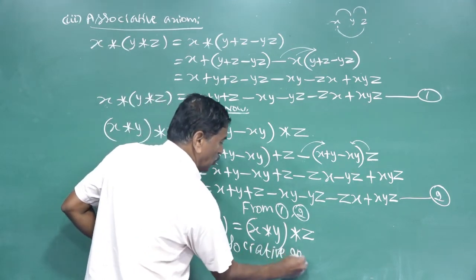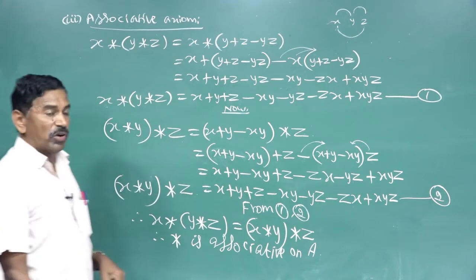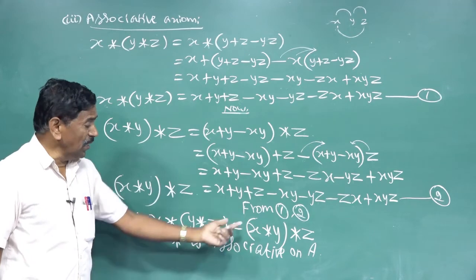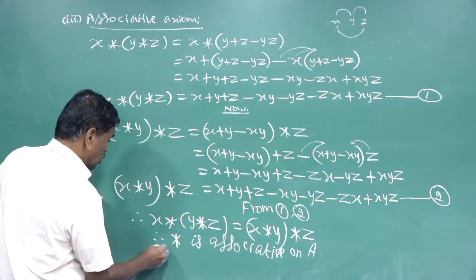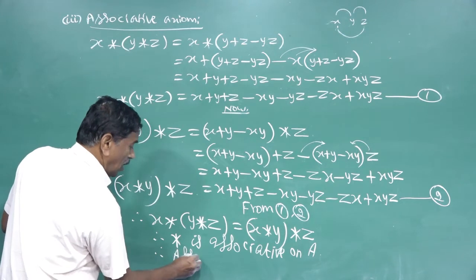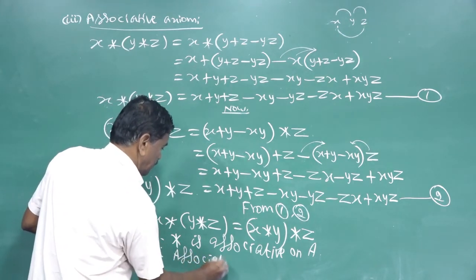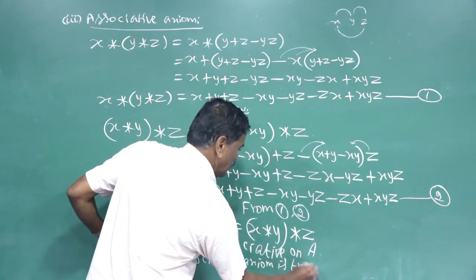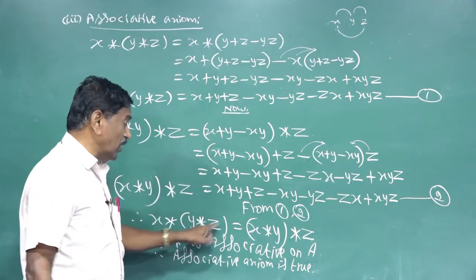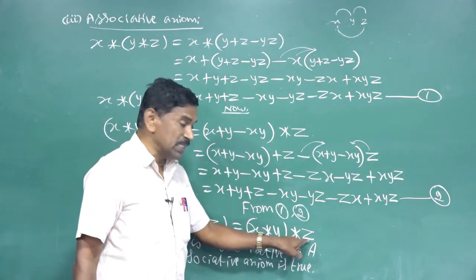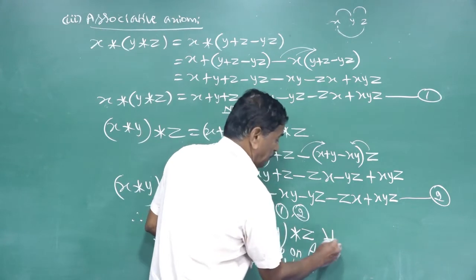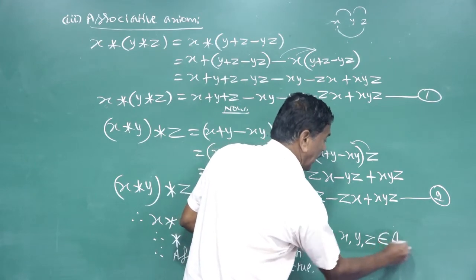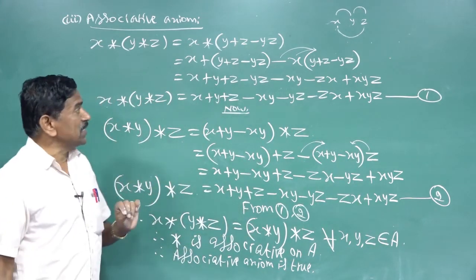Therefore star is associative on A, which means the associative axiom is true. Also, x star y star z equals x star y star z is true for every x, y, z belonging to A. That's all. So the associative axiom is completed.